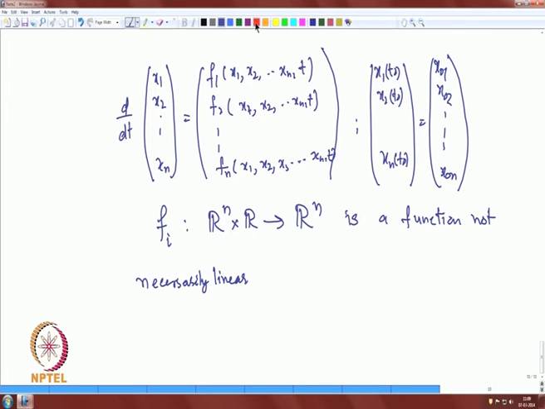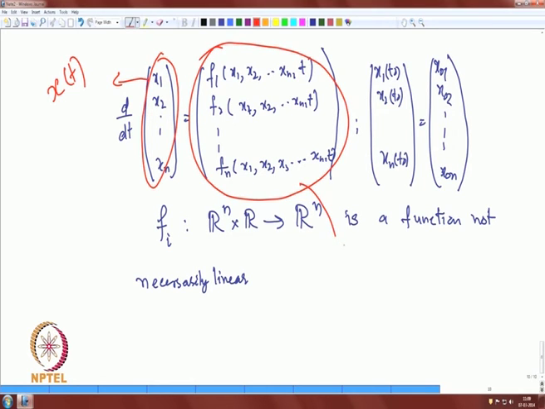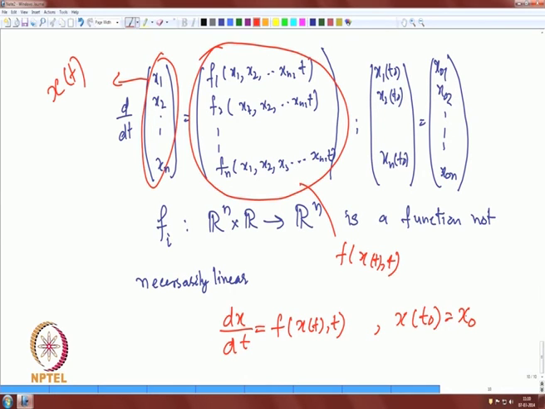And if you denote this vector by just x of t, and all these components by f of x of t, t, then this equation can be written in the form dx by dt is equal to f of x of t, t, with initial condition x at t0 is x0, where x0 is this quantity.